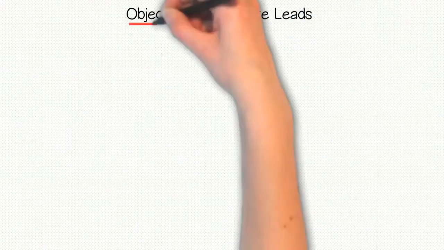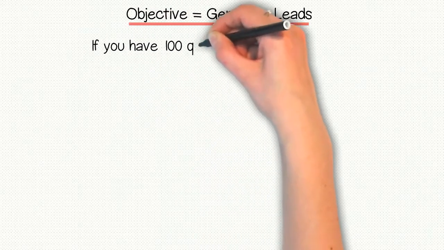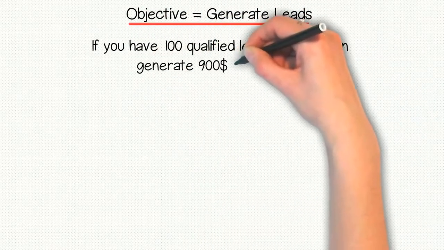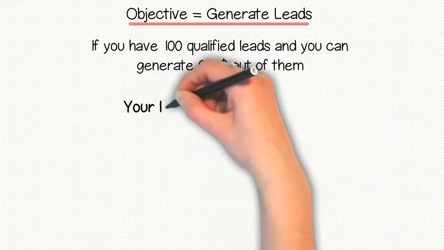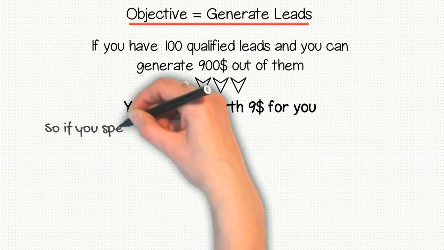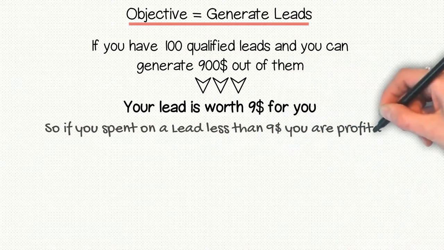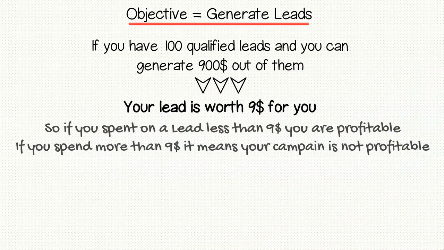Now, if your objective is to generate leads, you can apply the same logic. So let's say from your experience, if you have 100 qualified leads, you can generate $900 out of them. So your lead is worth $9 to you. So if you spend on a lead less than $9, you are profitable. If you spend more than $9, it means your campaign is not profitable.